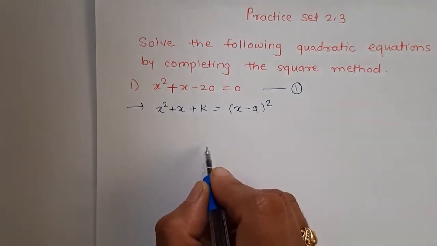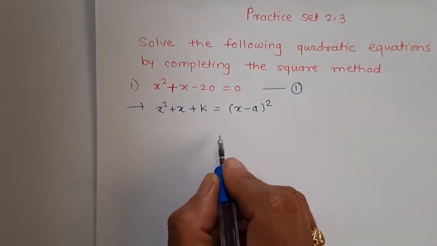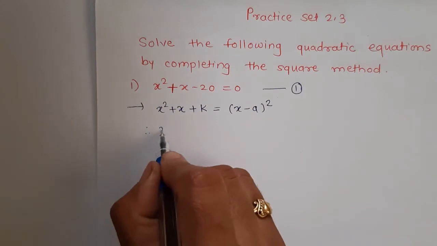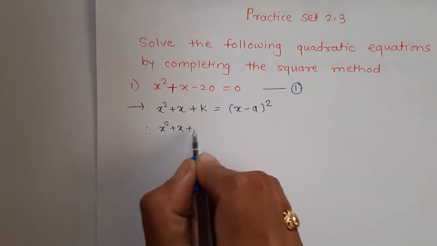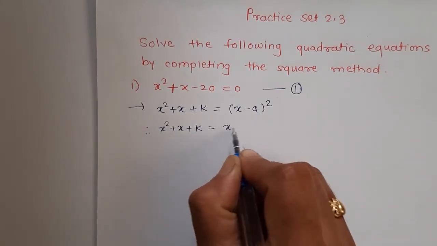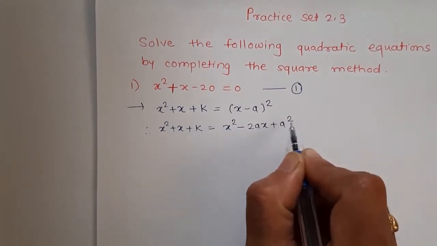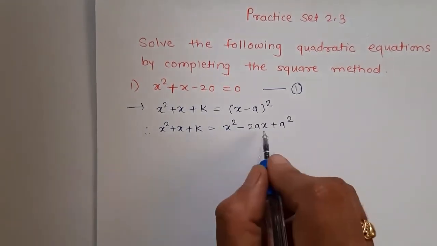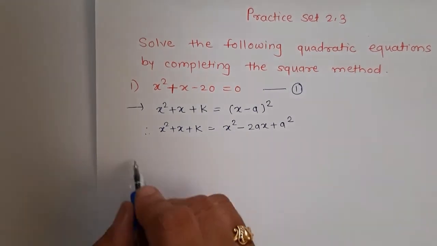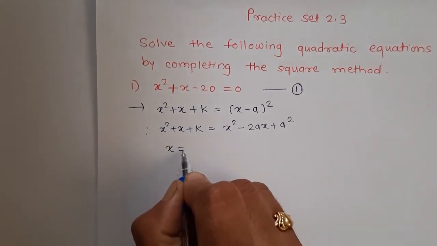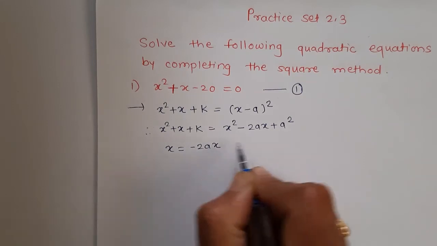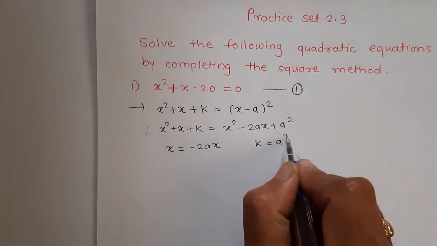Now we have to solve the right hand side of the equation. So we get x square plus x plus k equals to x square minus 2ax plus a square. Okay, now we have to compare both sides. After comparing, we get x equals to minus 2ax and k equals to a square.